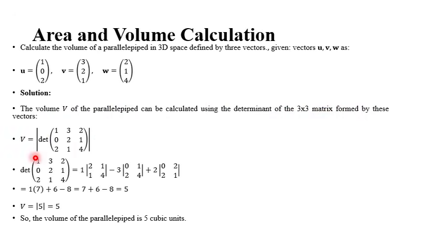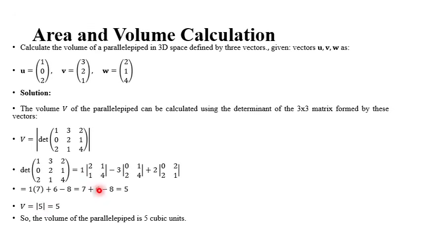So the determinant of the 3 by 3 matrix formed by these vectors can be computed to determine the volume of the parallelepiped, and done appropriately using steps earlier discussed. You see 1 and the determinant of this, 3 and the determinant of this, 2 and the determinant of this, spread as displayed here.